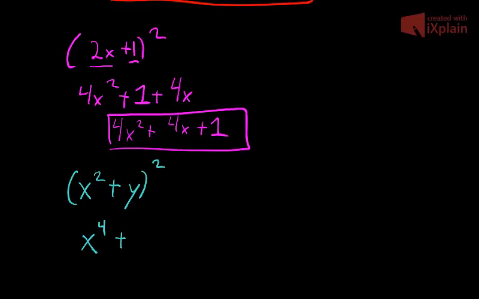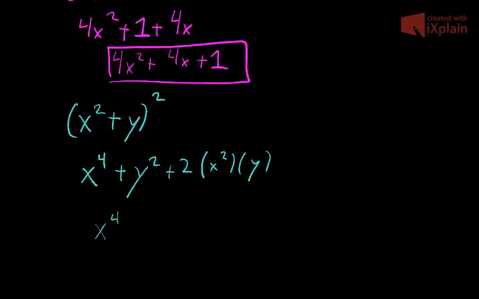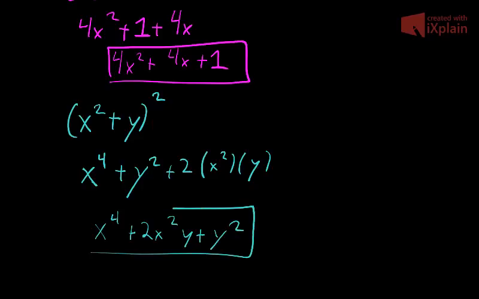We're going to add y squared, my second term squared, and I'm going to add 2 times my first term, which is x squared, times my second term, which is y. So I end up with x to the 4th plus 2x squared y plus y squared. And that's going to be my final answer.